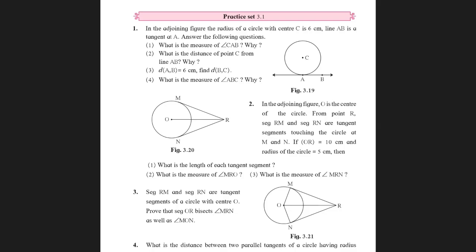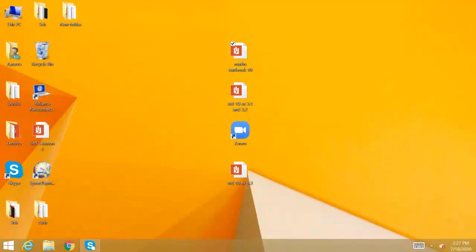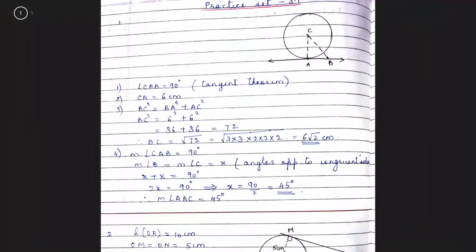First one, what is the measure of angle CAB? CA is the radius, AB is the tangent. So the measure of angle CAB will be 90 degrees, and the reason is the tangent theorem. The radius is perpendicular to the tangent. So that is why it is 90 degrees.